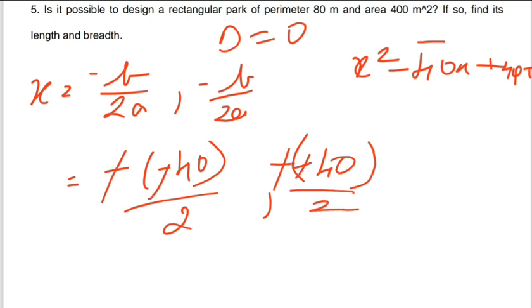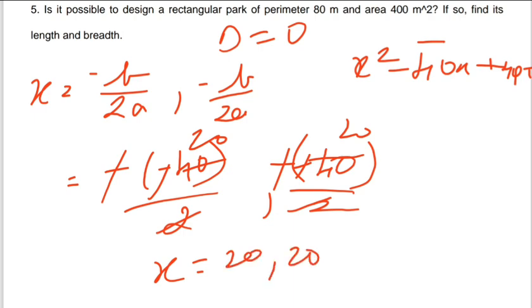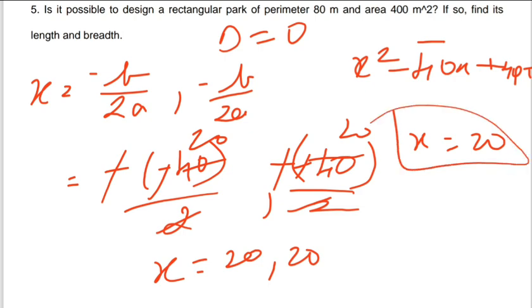Minus into minus is plus, and 2 20s are 40. So the value of x is 20 comma 20. Since both values are the same, we can take x is equal to 20.